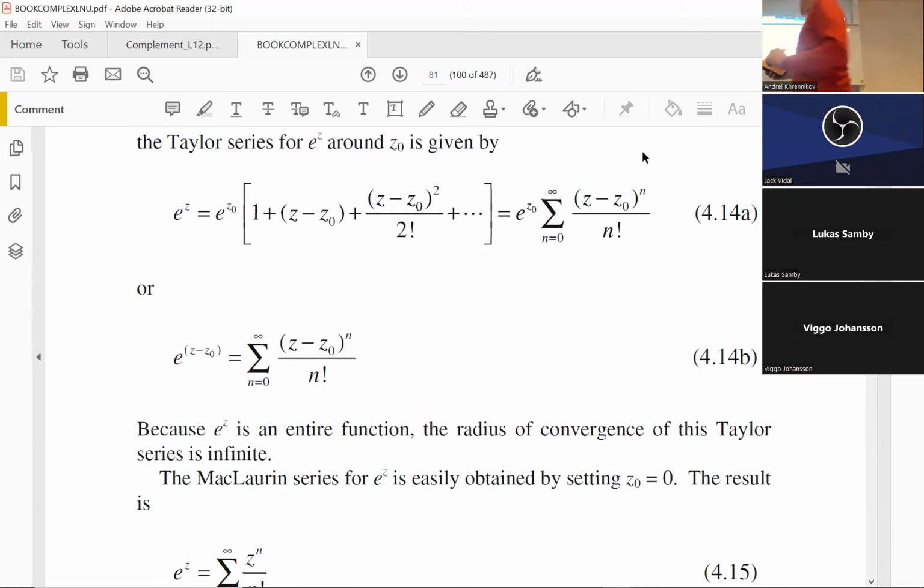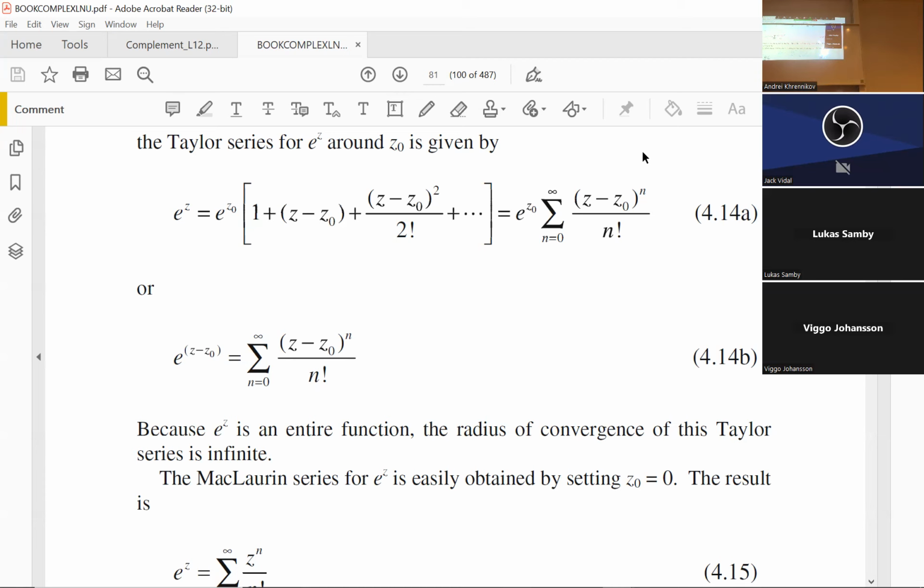Somewhere in the course of usual analysis, you know that for any a, a^n over n factorial goes to 0, and n factorial goes to infinity essentially quicker than a geometric progression.